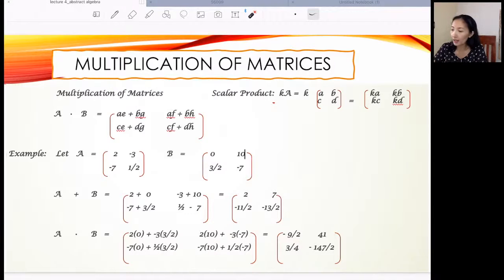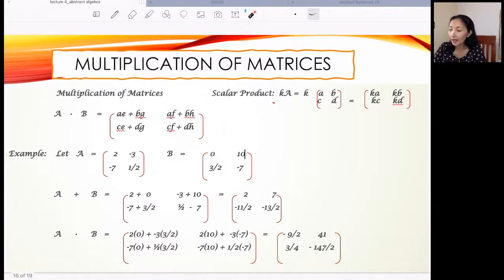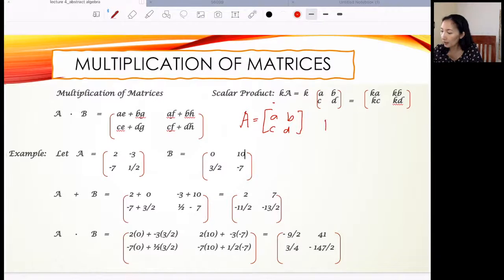How are matrices multiplied? Okay, for instance, let A be the matrix A, B, C, D, and B be the matrix E, F, G, H.